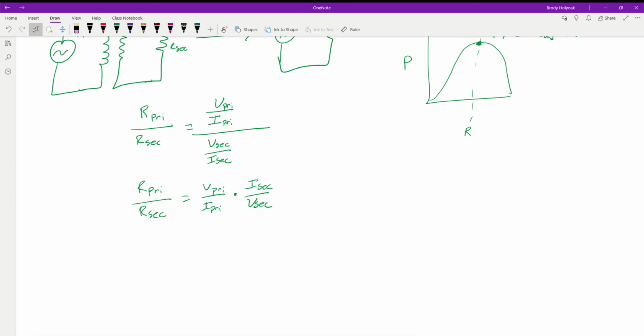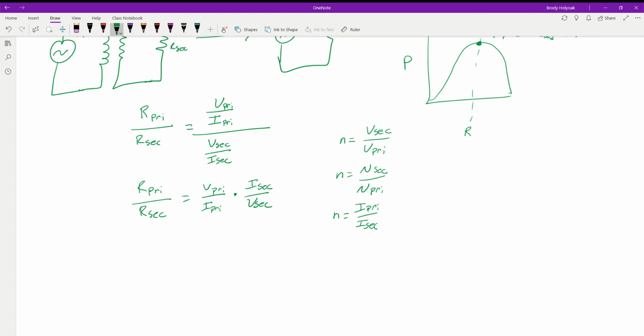So if we go back and look at our original ratios, we have our N, which is our turns ratio, equal to the voltage of the secondary over the voltage of the primary. We have N equal to the number of turns in the secondary over the number of turns in the primary. Then we also have the current in the primary over the current in the secondary.